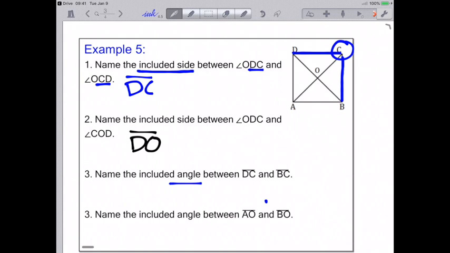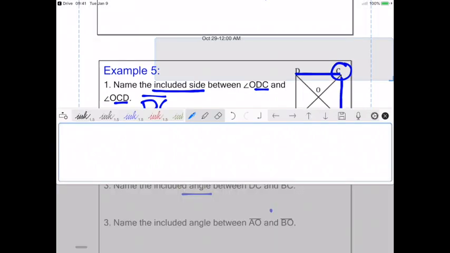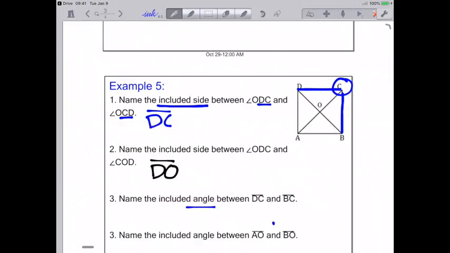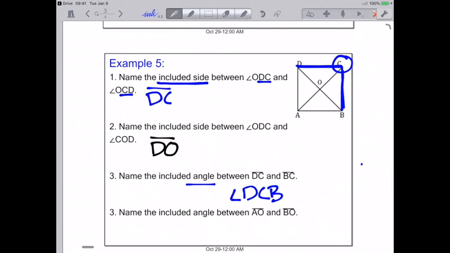So I notice that it goes from D to C to B. So I'm going to name it angle DCB. So for example, if we had to name the included angle between DC and segment CA, that would be this angle here, which we could call angle DCA or angle DCO.